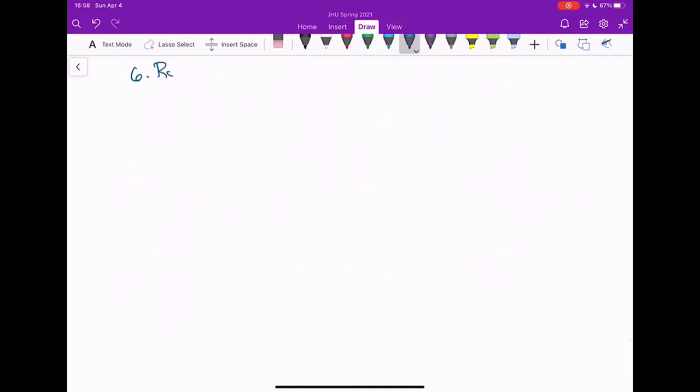So then the next reaction that we have is the Robinson annulation. And the Robinson annulation really just combines two of the reactions that we've already gone through. So it is really just a Michael plus an aldol, or a Michael plus your Dieckmann, which is just your intramolecular Claisen reaction.